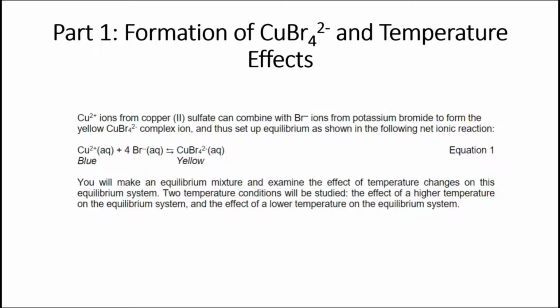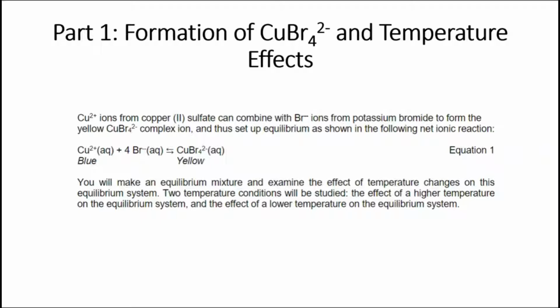These are going to react to form our CuBr4 2- ion, which is yellow. So once we have this equilibrium mixture, we're going to subject it to a low temperature and then also a hot temperature. And we're going to use the color of the solution to determine which way the reaction is shifted, either to the left, more blue, or to the right, more yellow.